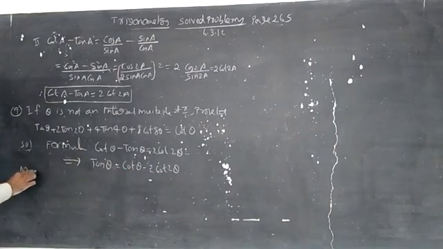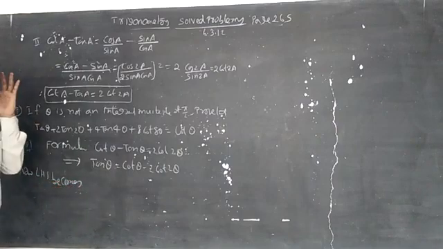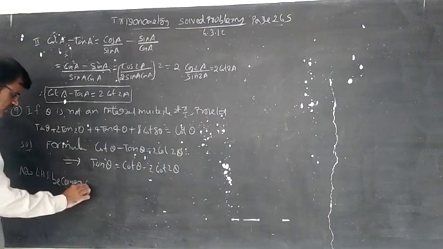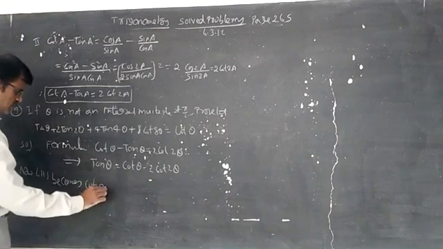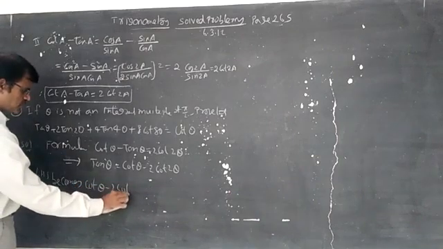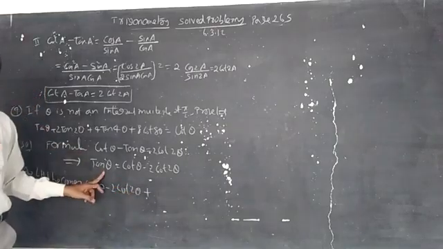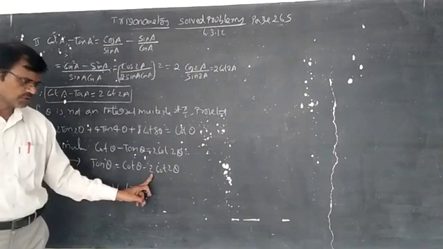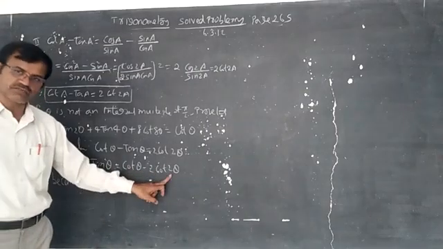Now LHS can be changed as, instead of tan theta, you write cot theta minus 2 cot 2 theta. Try to understand, here 1 theta is there, here 2 theta is there, and 2 is for the formula. If it is 2 here, this is 2 and this is 4.